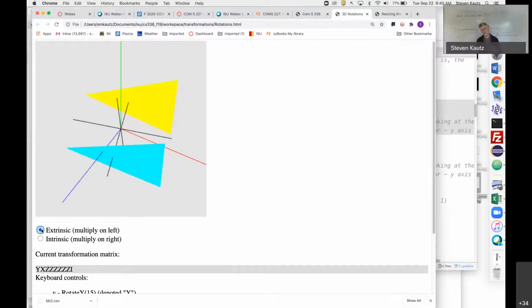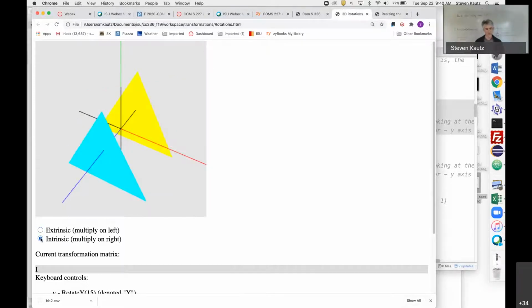But notice how much easier it is to think about it in terms of doing the rotations with respect to the local frame, because it's like I'm going to turn my head a certain direction, then I'm going to pitch up or down, and then I'm going to roll from side to side.